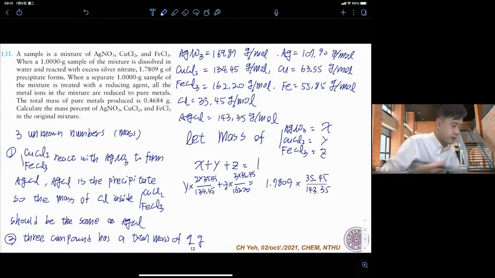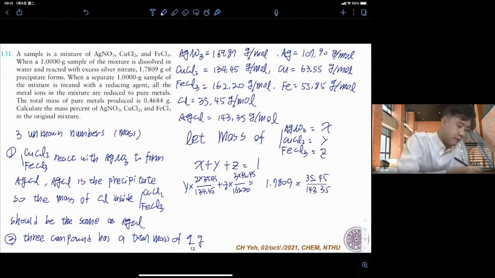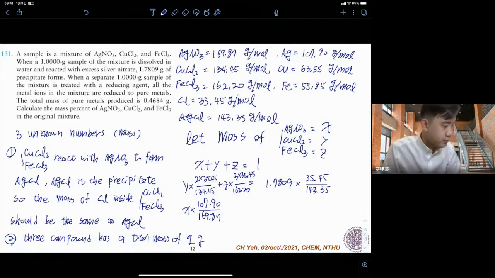And the third one is that when the pure metals inside these 3 compounds add up, it will become 0.4684. So now we can calculate again. X times, the whole weight is 169.87, and inside this compound we have 107.90 of silver.